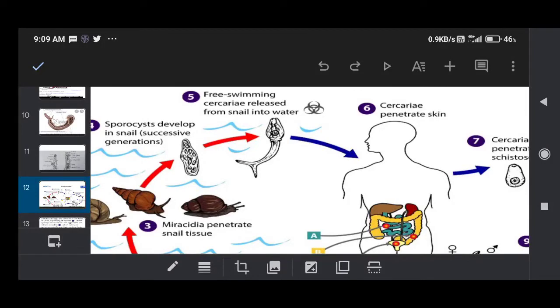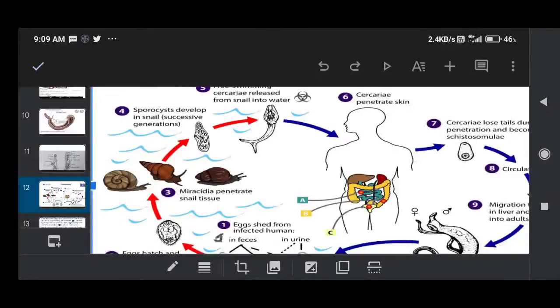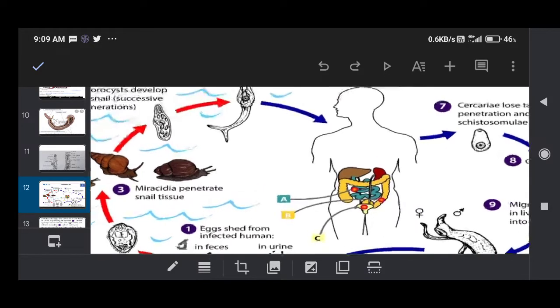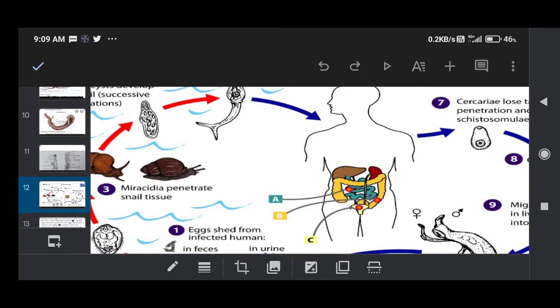Sometimes when human beings enter the water body and place their legs into the water, the Cercaria larva penetrates into the human being through the penetrating glands. So infection takes place either by consuming the water, or by swimming in the water, through the skin.